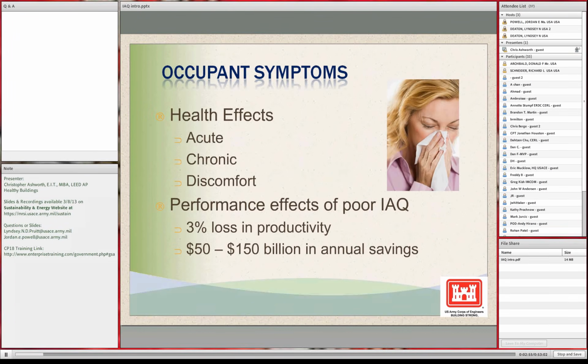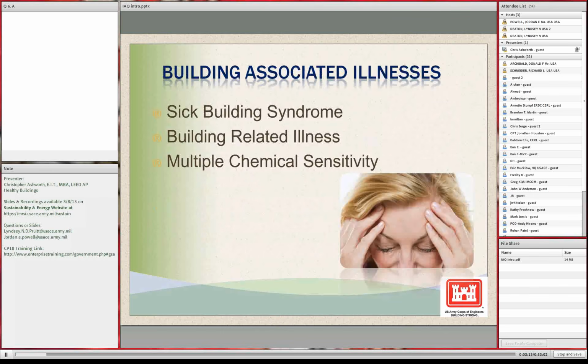Some of the occupants' symptoms that people have from poor indoor air quality, we have all experienced them through if you have allergies, etc. They can be acute, chronic, or just be something as minor as discomfort. And when I talk about productivity, poor indoor air quality, as you can see here from these studies, can have a huge issue regarding the finances of a building.